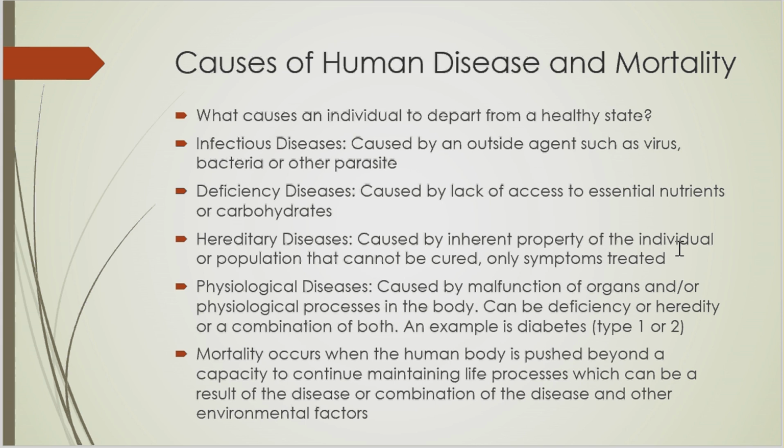Okay? So those people can have perfectly genetically normal children, but they can also have Down syndrome children as well.